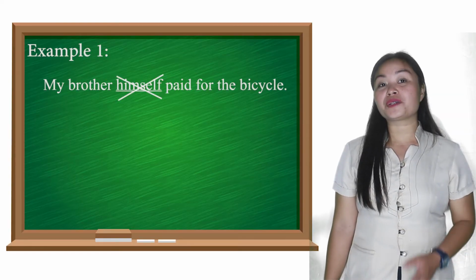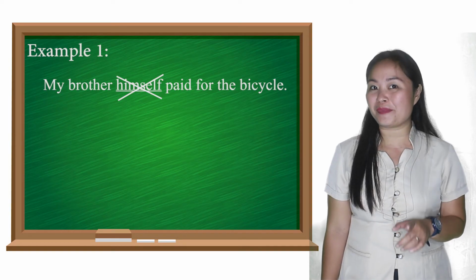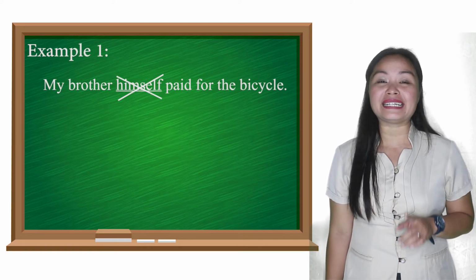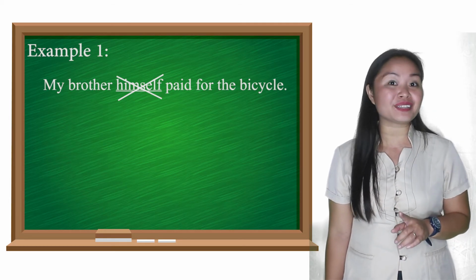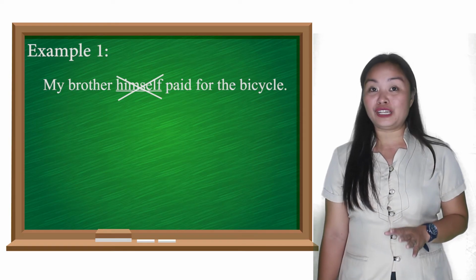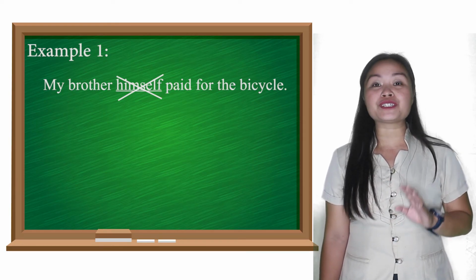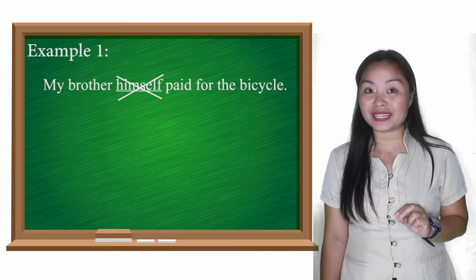Notice that you could take himself out of the sentence and it would still make sense. Since an intensive pronoun is used for emphasis, it is not necessarily part of the sentence. It does not give us any new information. You could take out an intensive pronoun from the sentence and the sentence would still make sense.